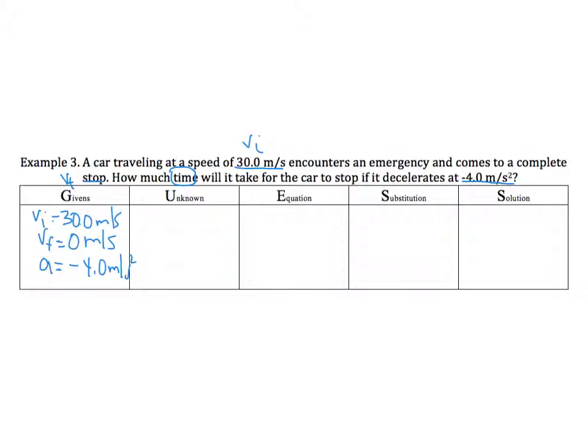Sometimes it's given to you as a negative, like in this problem, but other times it will not be, and you'll just have to remember a slowing down, a deceleration, is a negative value. So our unknown is time. Looking at our formulas, we see that time is delta V over A. So that's VF minus VI divided by -4.